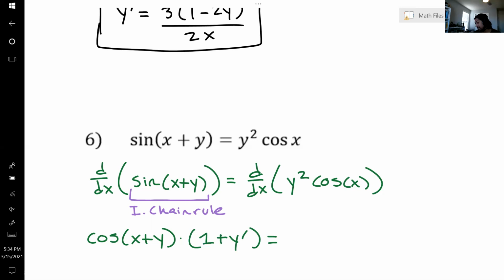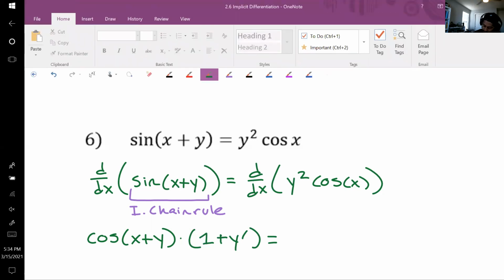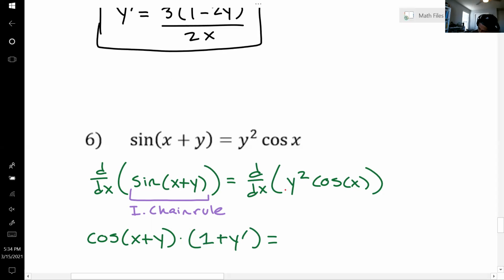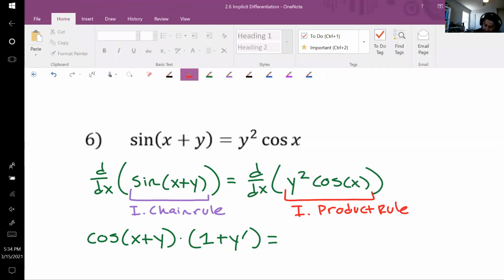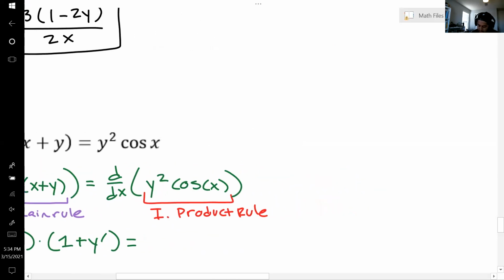Which means on the right side, y squared times the cosine of x, what rule are we going to have to use? Product rule. So implicit product, right? Okay, so I'll just write this out to the right side.